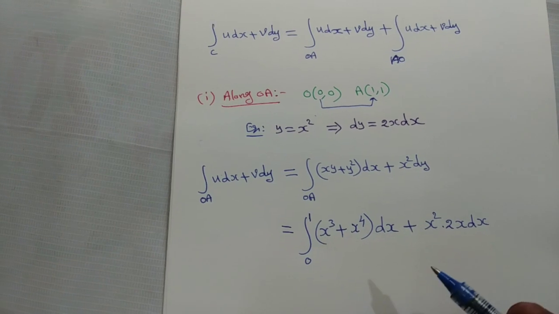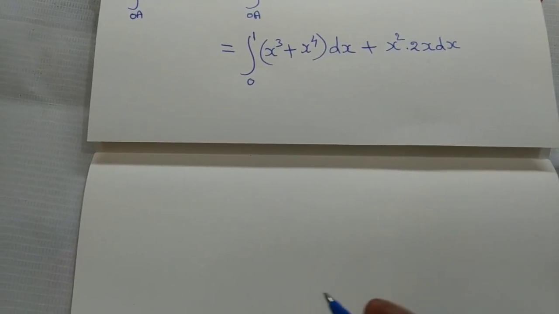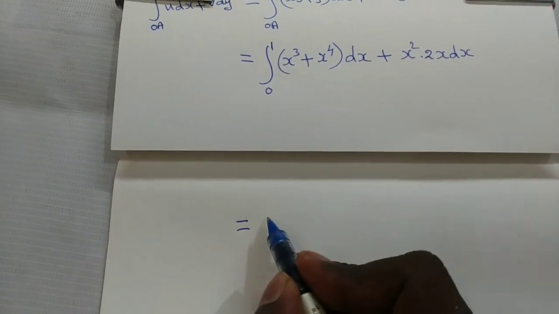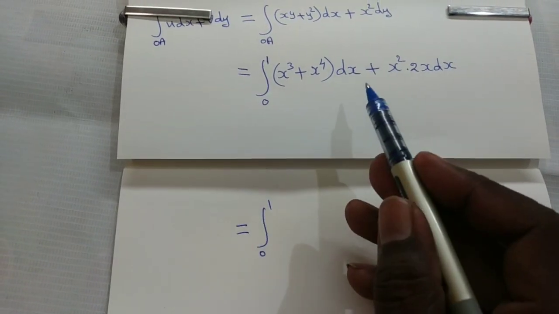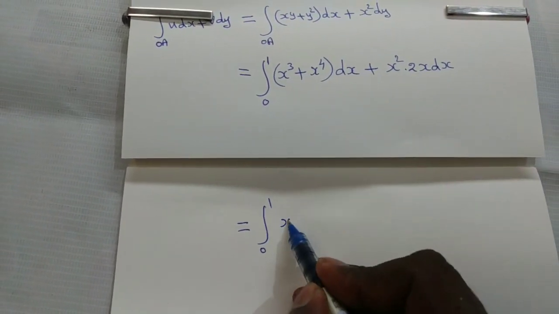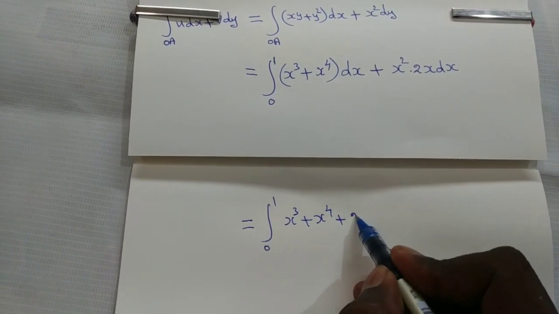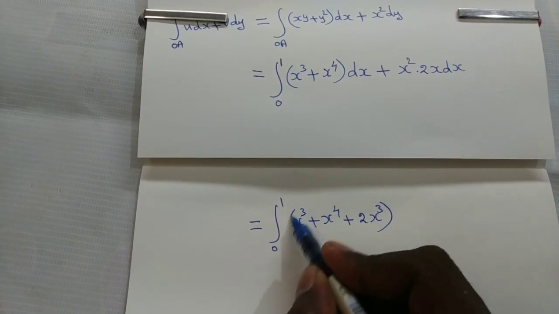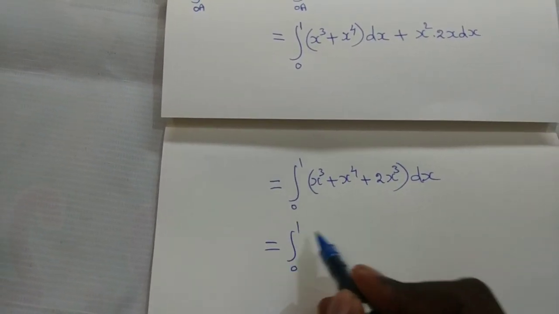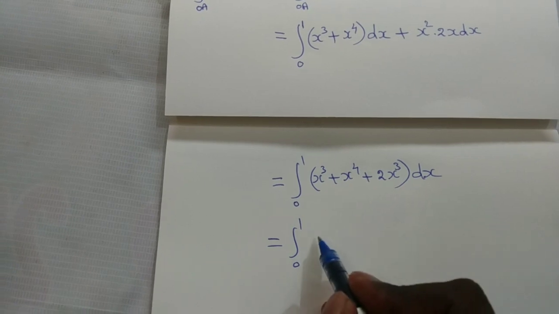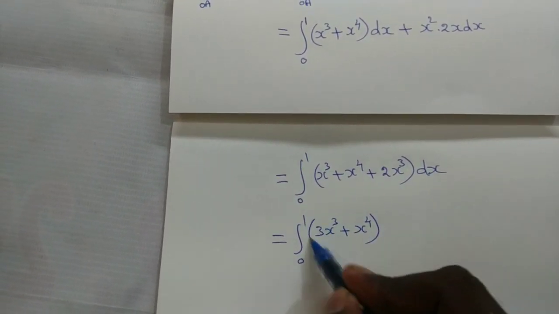So now we can simplify and find the integral value. Okay, now I want to integrate this. So the simplification: integral over 0 to 1, taking dx outside, of x cubed plus x to the power 4 plus 2x cubed into dx. So the integral from 0 to 1 of 3x cubed plus x to the power 4 into dx.